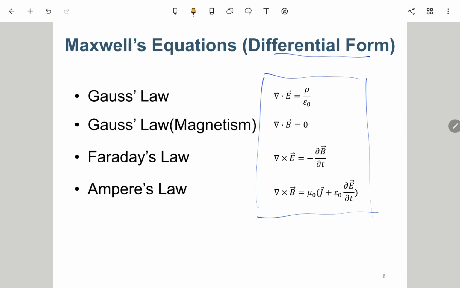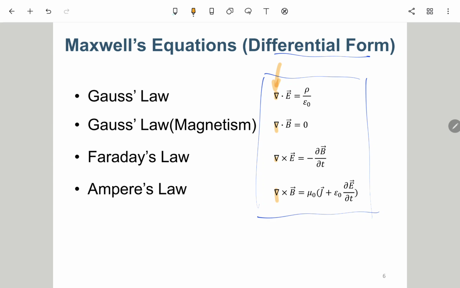And then for the differential form, you'll see this upside down triangle. In chapter 24, we have seen this occur without a dot product or cross product behind it. For that one, we call it gradient. But here we have a dot product after the gradient, and we also have a cross product after the gradient.